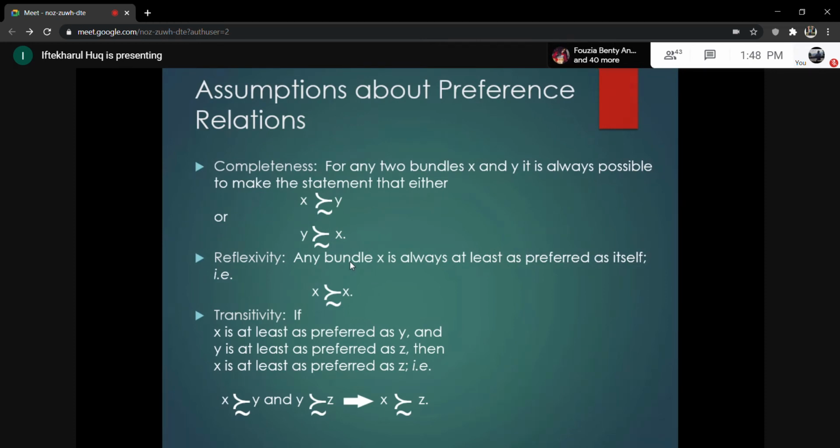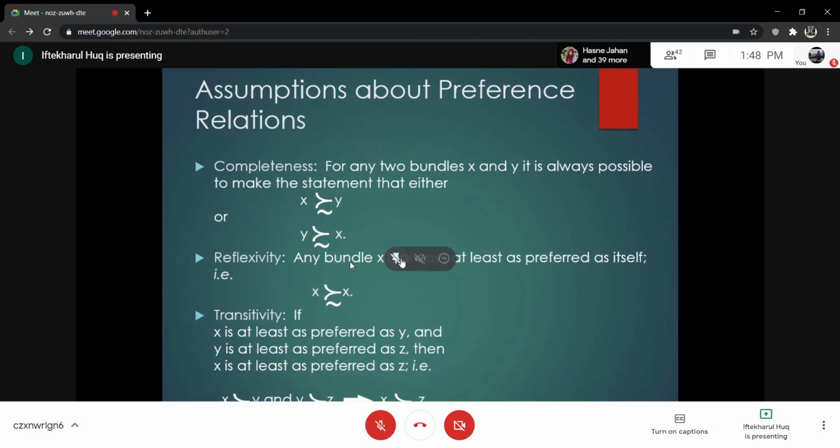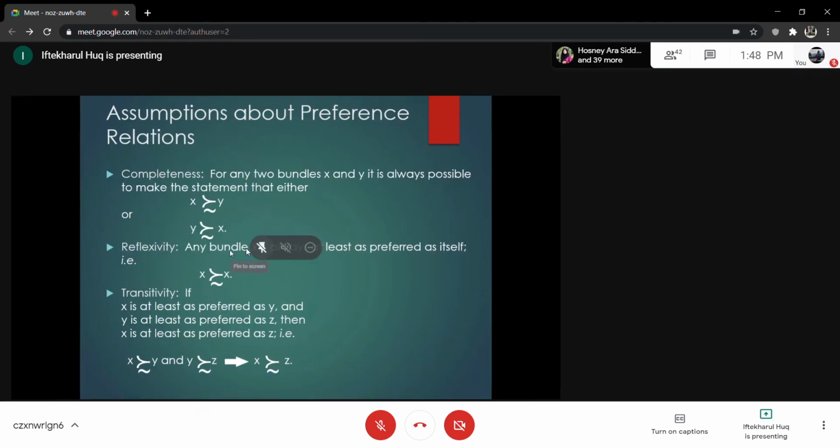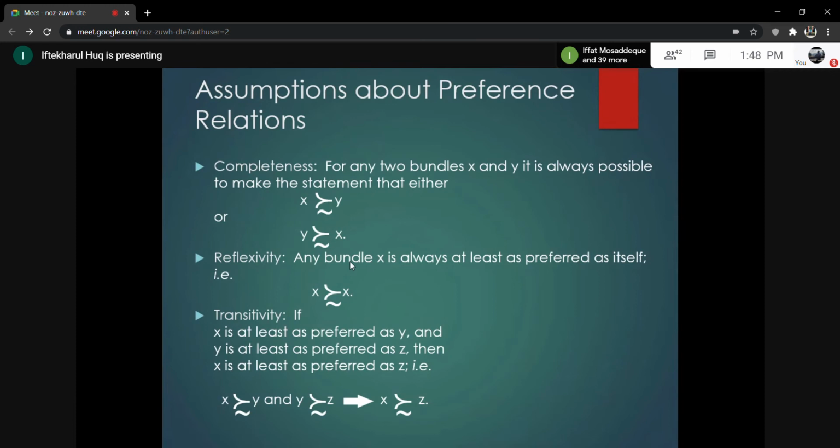Sir, I was asking that when we say that in completeness X is at least as good as Y and vice versa, then if both are at least as good as each other, how can we decide if it's strictly preferred or weakly preferred? I'll say it again, you say either this or that, you are not saying both at once.